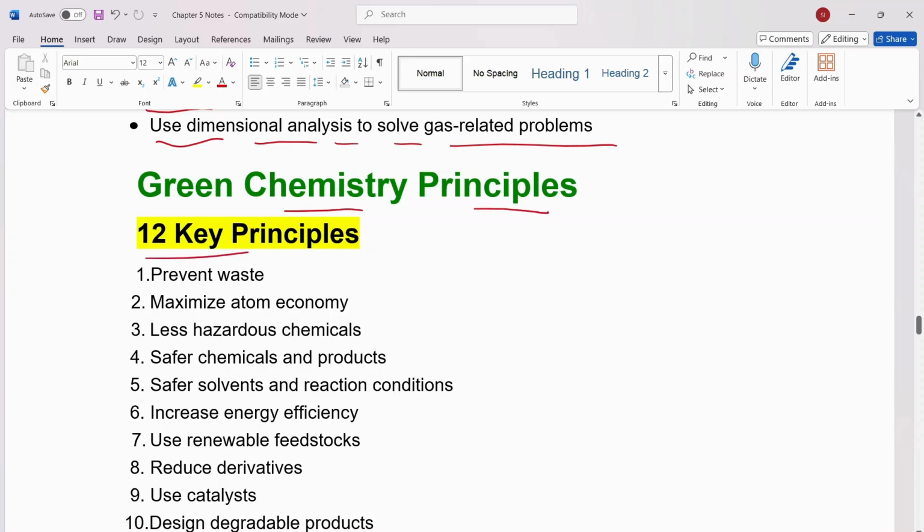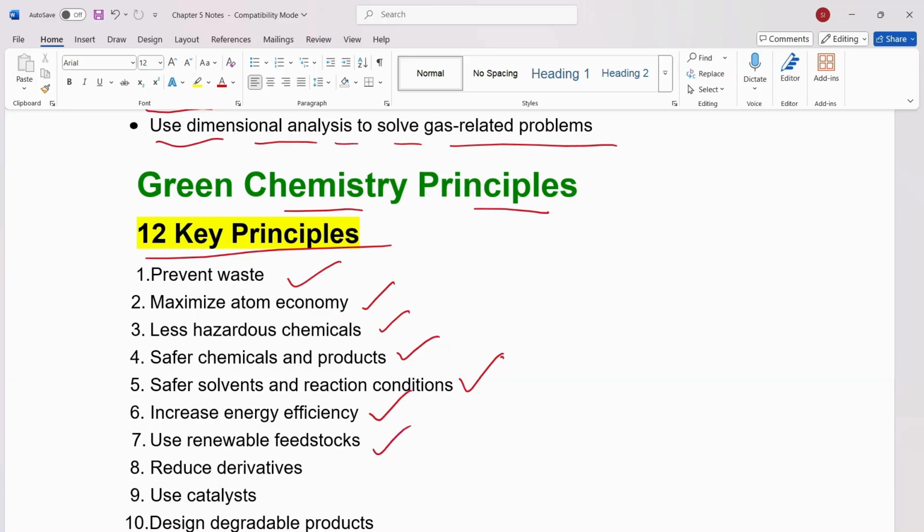Some green chemistry principles. There are 12 key principles. Number 1, prevent waste. Number 2, maximize atom economy. Number 3, less hazardous chemicals. Number 4, safer chemicals and products. Number 5, safer solvents and reaction conditions. Number 6, increase energy efficiency.